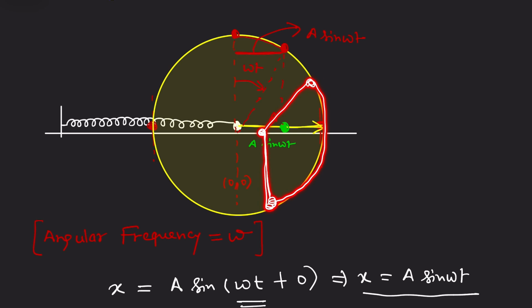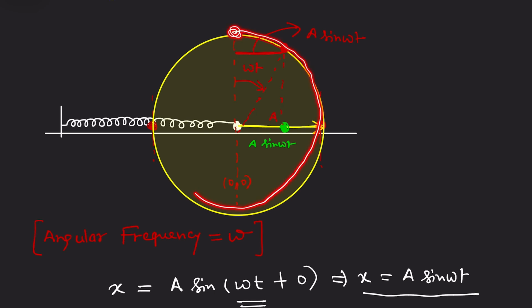As the particle reaches here, our particle will be here and give the shadow here. As your particle reaches here, this particle will reach here, giving the shadow. So I hope you are getting the idea of what would actually be happening. This particle is moving, and its shadow at every moment is giving you the position of this particle, where it would be. I hope this idea is settled for you.